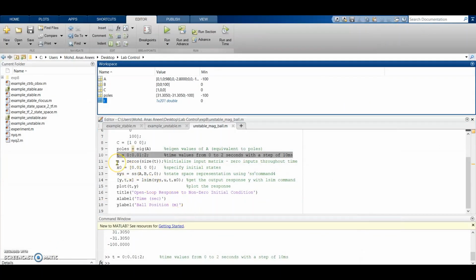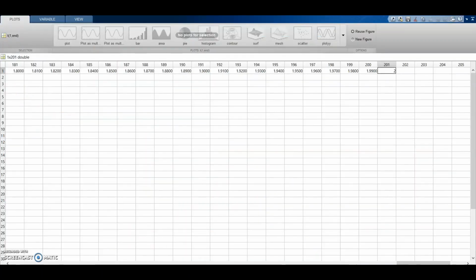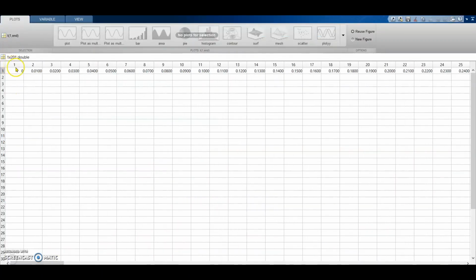Now we are defining the input. For each of these time instants we have to define the input. What was the input at 0 time, what is the input at 0.01 second, what is the input at 0.02 second. For each of these time instants we have to define the input.